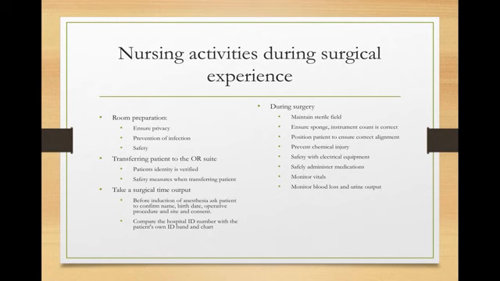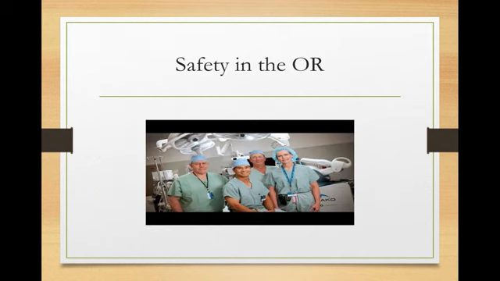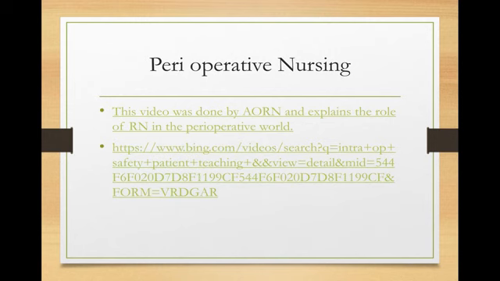So we definitely want to make sure that patients are in a proper position post-operatively. And then just safety measures: safely administering medications, continually monitoring vital signs, any blood loss, as well as urine output. Safety is crucial in the OR. I can't say that's not the primary goal for those patients.